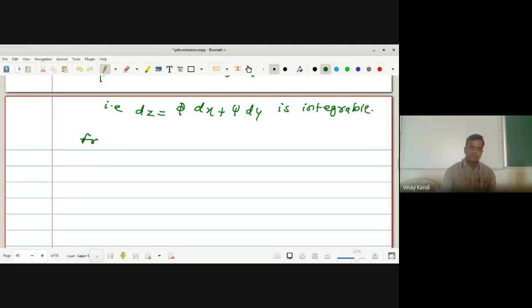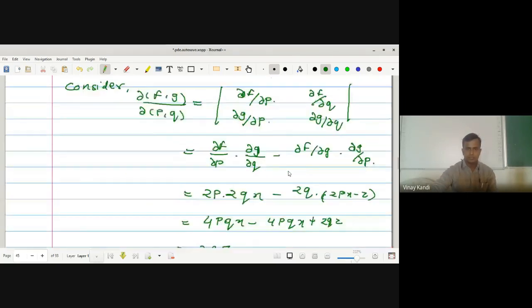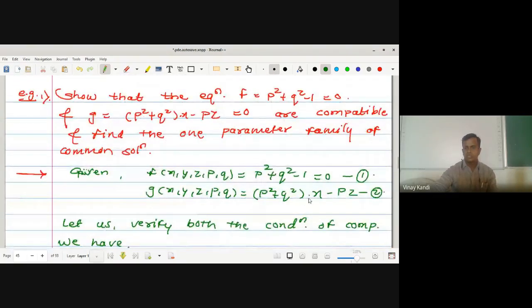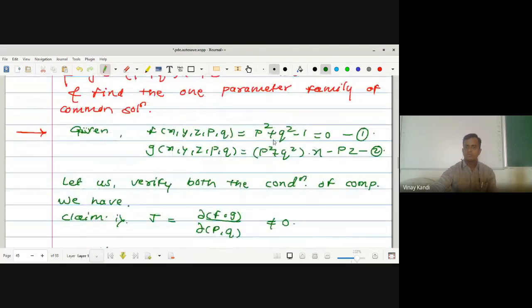Now from equation 1 we can write p square plus q square is equal to 1. Now put this in equation 2. What is equation 2? p square plus q square into x minus pz, and the value of p square plus q square is 1.